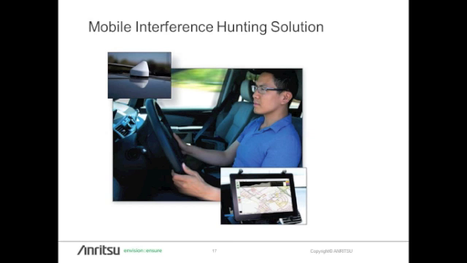So here's the crux of the presentation. With that background, what I basically want to identify are causes and issues, and then propose a solution that we at Anritsu are proposing that can alleviate a lot of the different issues. It's multi-purpose. The same tools you use for mobile interference hunting, you could also use for your preliminary identification problems.